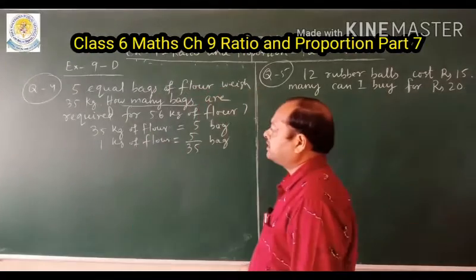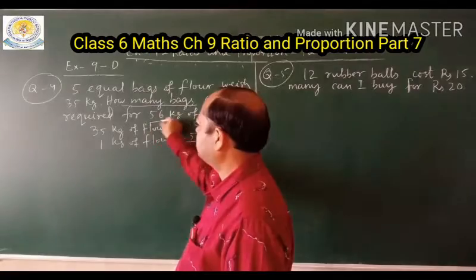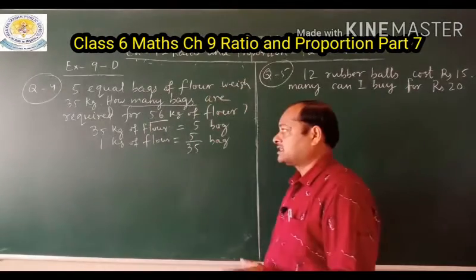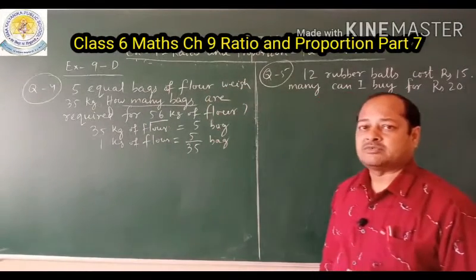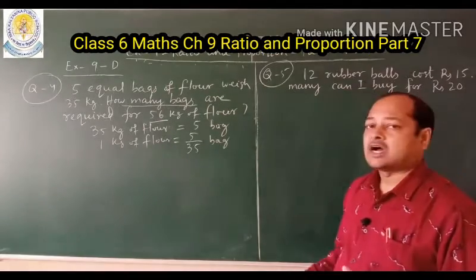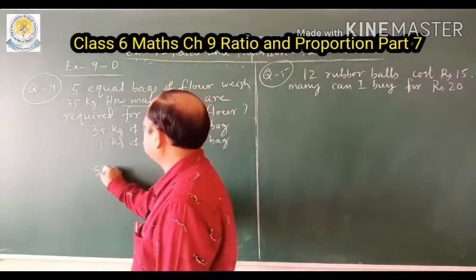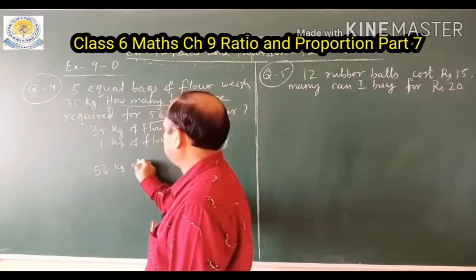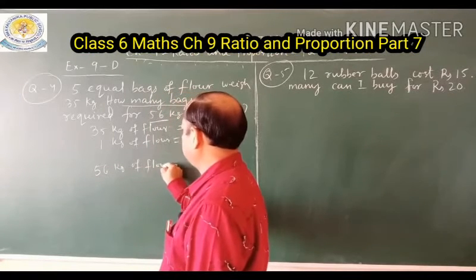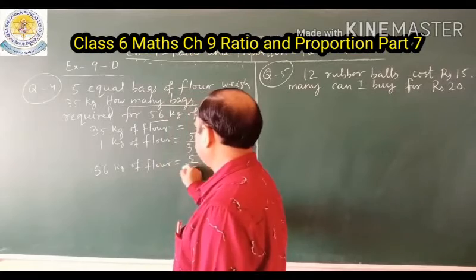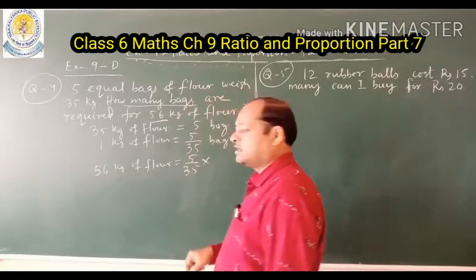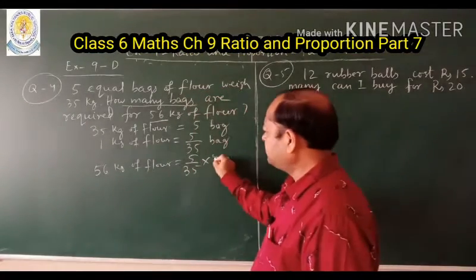Then how many kg are given here? 56 kg. It is asking how many bags are required for 56 kg. So 56 kg of flour equals 5 upon 35 into 56.